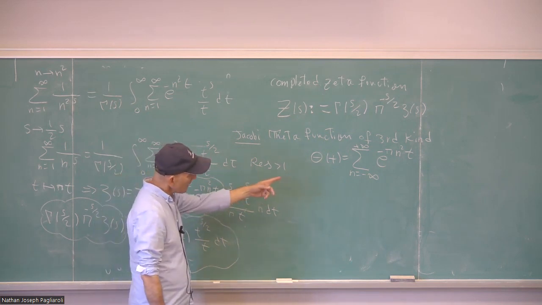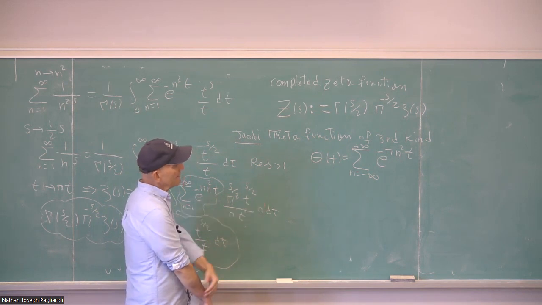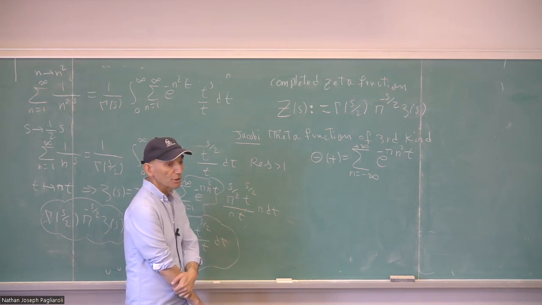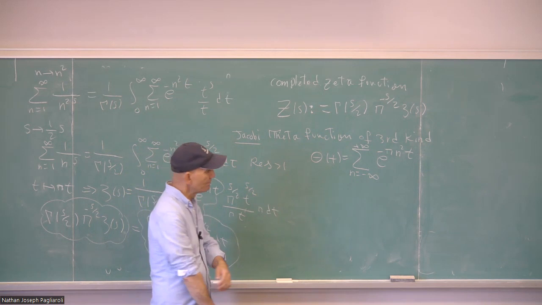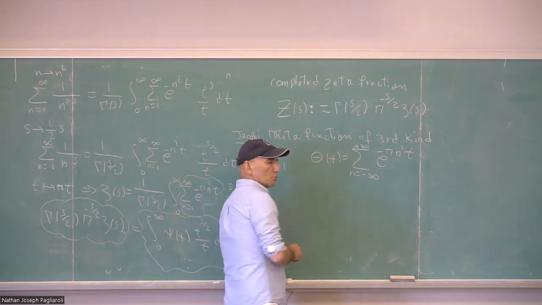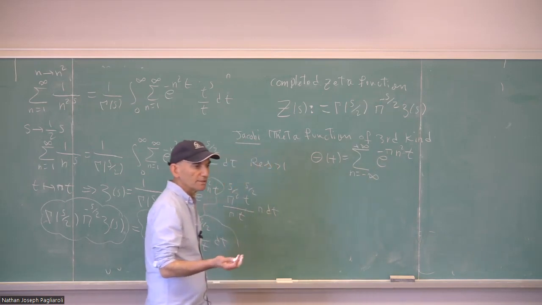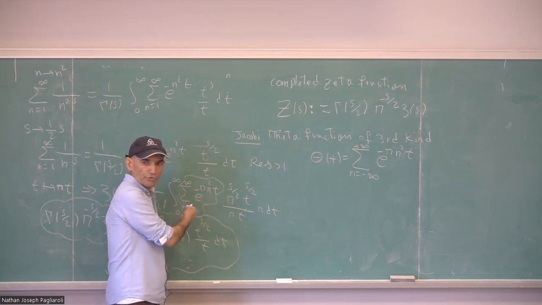So now let's look at that function. First of all, you see that it's defined for real part of t positive, right? You can look at it only for real t, because here we are integrating over only real values of t.